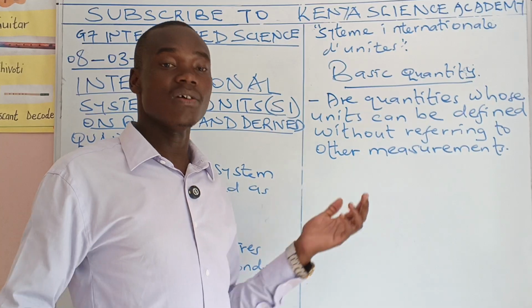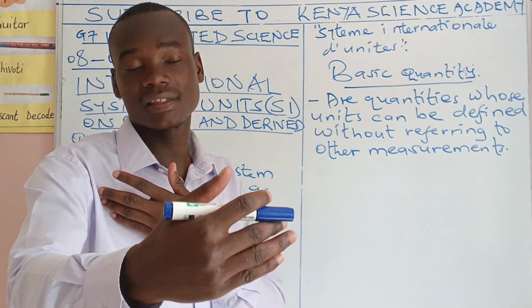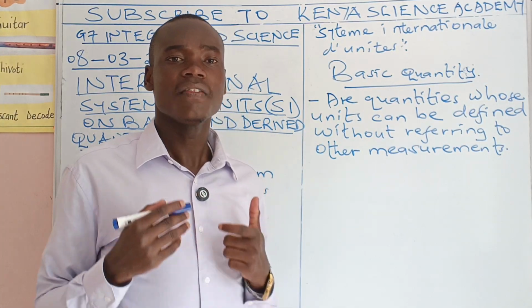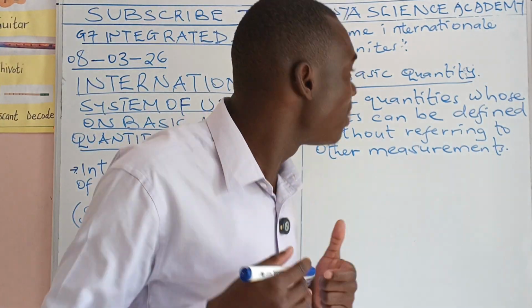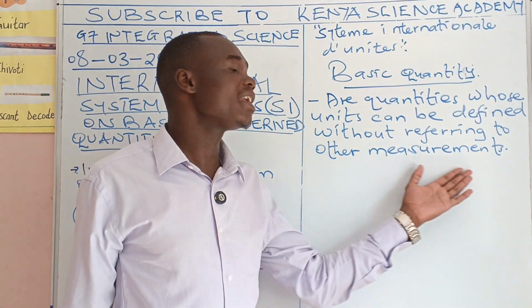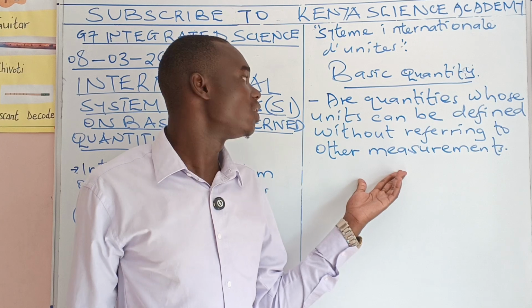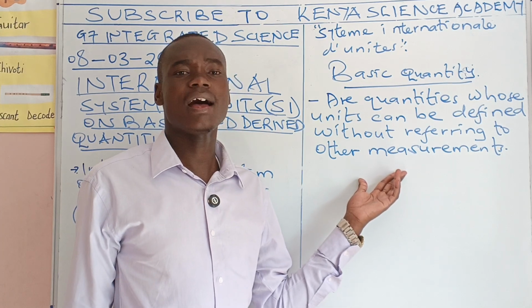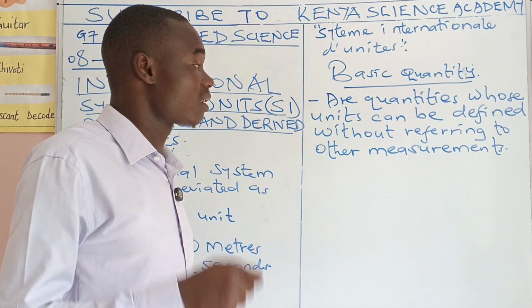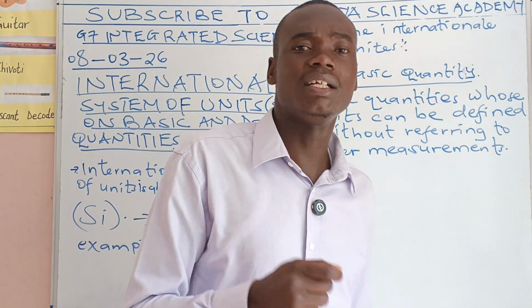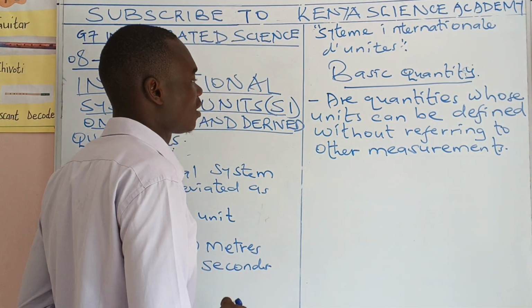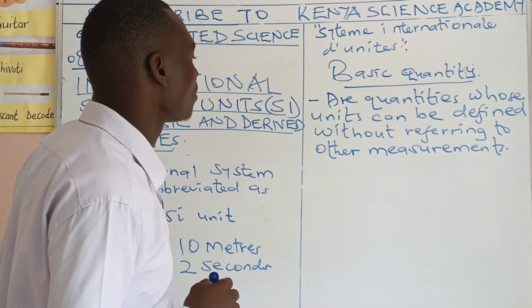You just look at the thermometer reading and say this is 37 degrees Celsius. So that is a basic thing, the fundamental thing, the basic quantity. It does not need energy to find out the unit, so the units can be easily defined. Defining a unit without referring to other measurements.